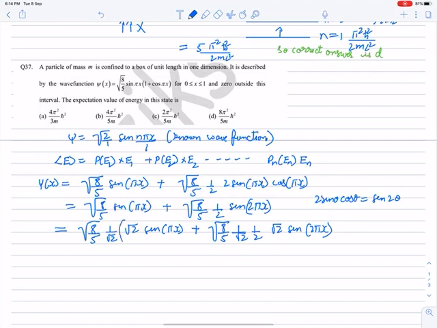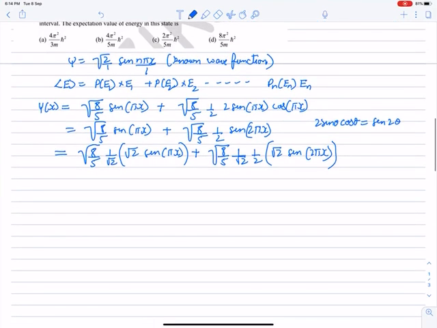So now this wave function we know. I can write this as under root 8 by 5 1 by root 2 phi 1 plus under root 8 by 5 1 by root 2 1 by 2 phi 2. Now you can check the normalization.